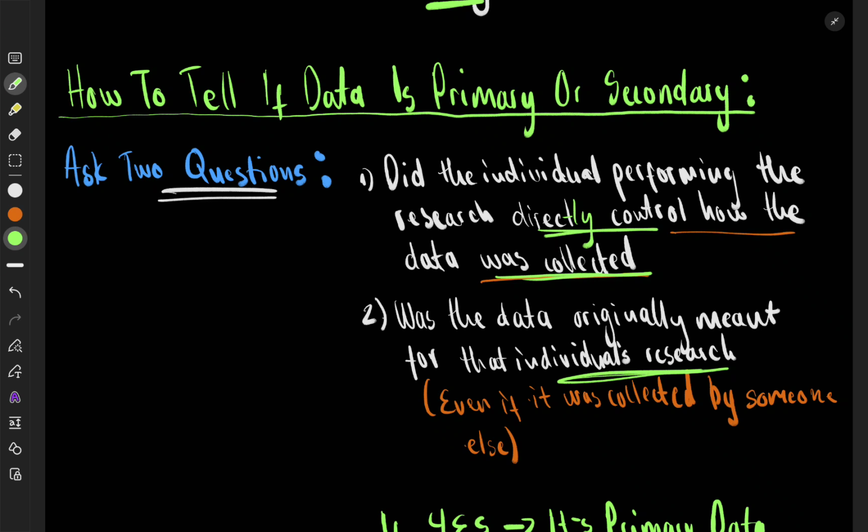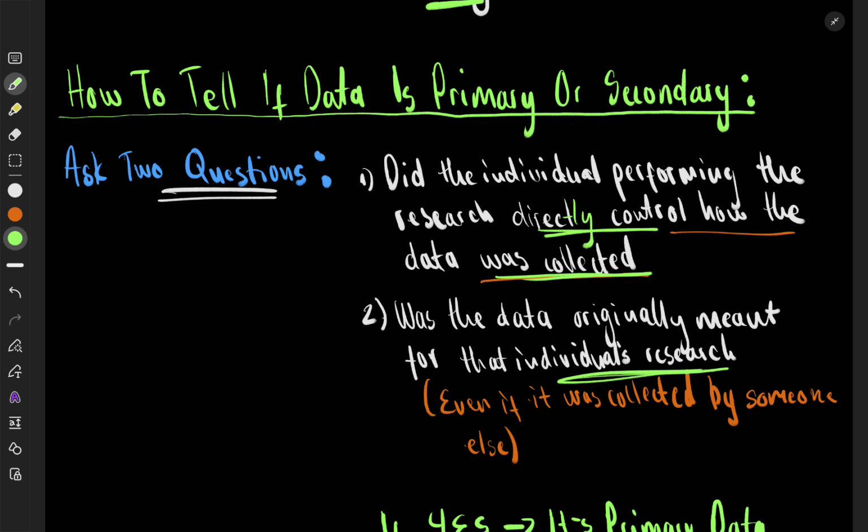So two things. One, did you have control over how the data was collected? And two, was the data being collected for your research? Because maybe you designed the questions, but the data was not collected for your research, but for some other research. If you have control and the data was being collected for your research, then it's primary.